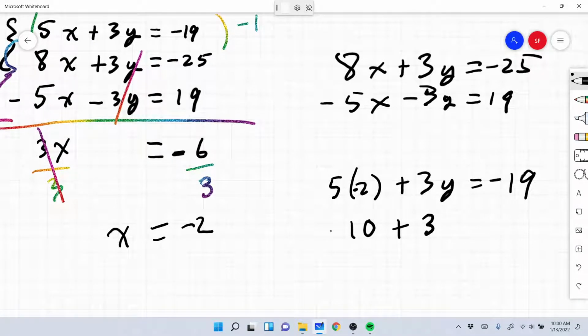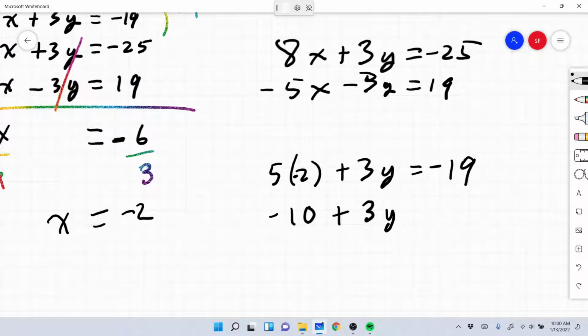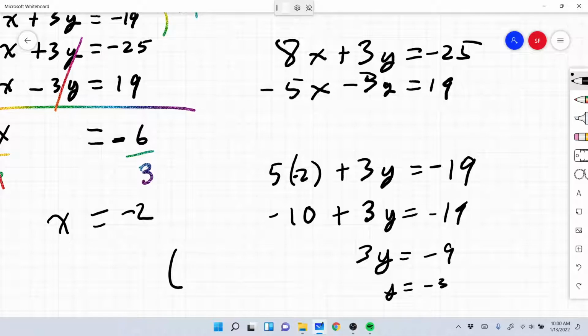My bad. Good catch. It doesn't matter which one you use. And then this would be -9, so y equals -3. So our answer is -2, -3.